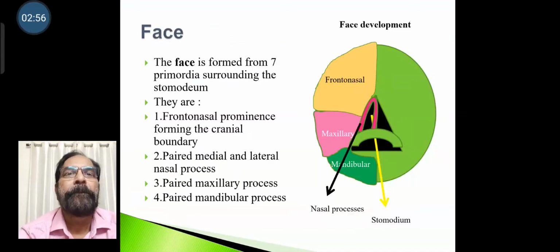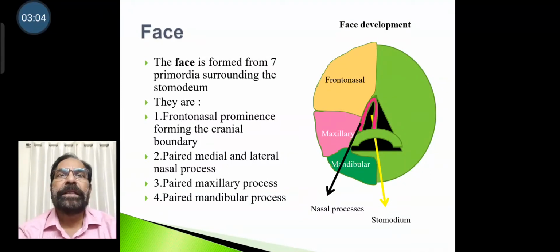Mandibular process forms the lower jaw. It gives rise to Meckel's cartilage and malleus and incus ossicles and mandible. Face. Face is formed by 7 primordia surrounding stomodeum, that is the opening both for the nose and the mouth.